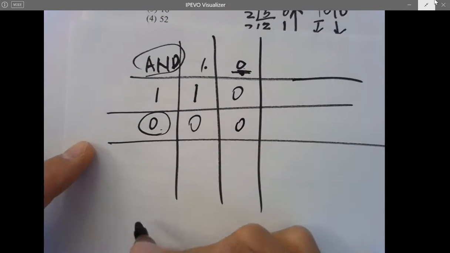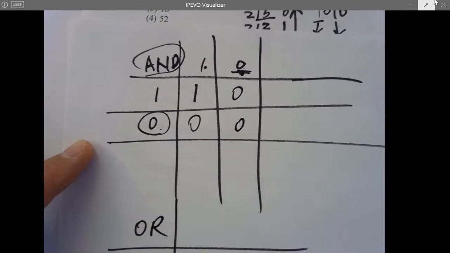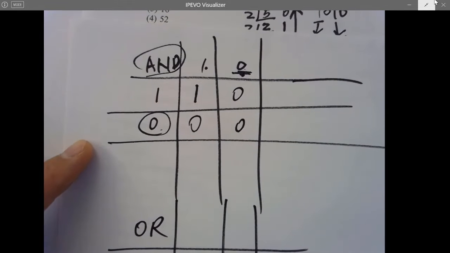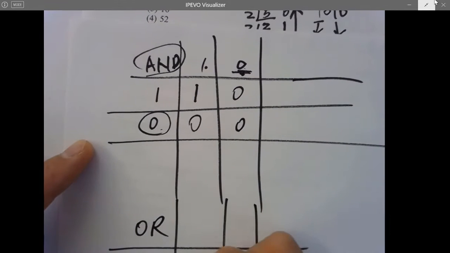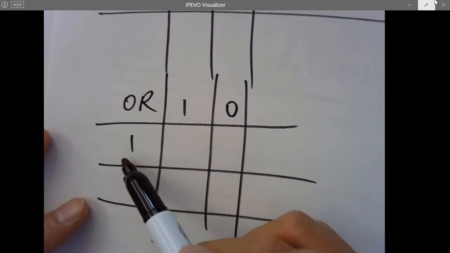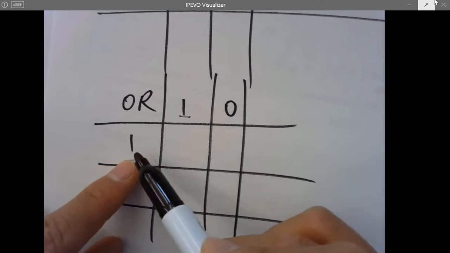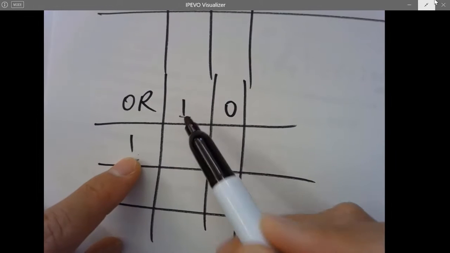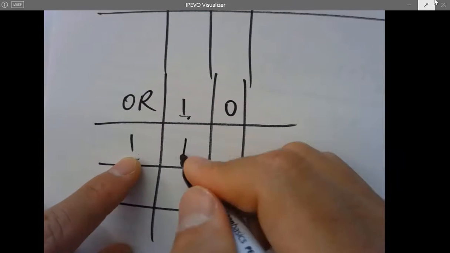So what about OR logic? 1 0 1 0. A good one or a good one, two good choices will win.